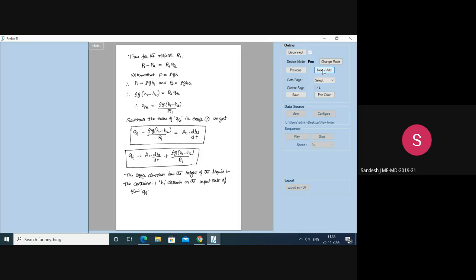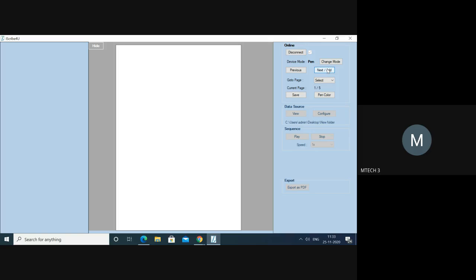What have we done now? Have we taken both containers into account, or only one container? Only one container. Okay, next one, continuing in the same derivation. Now write the subheading: container 2.